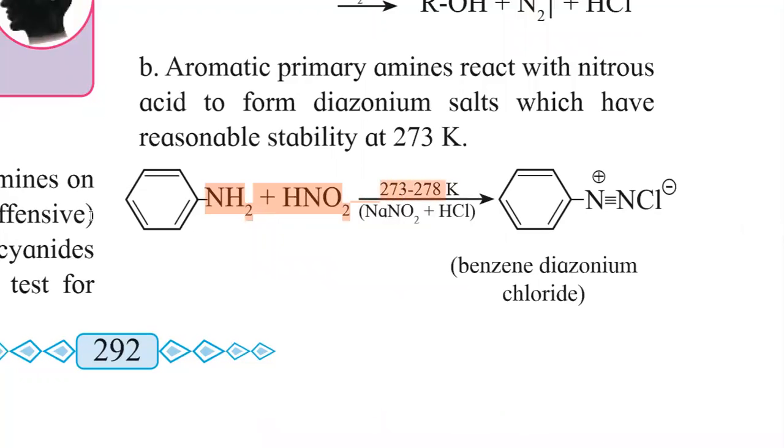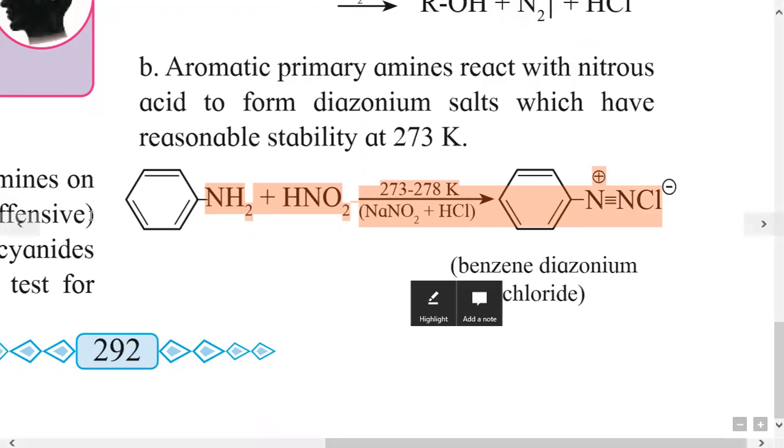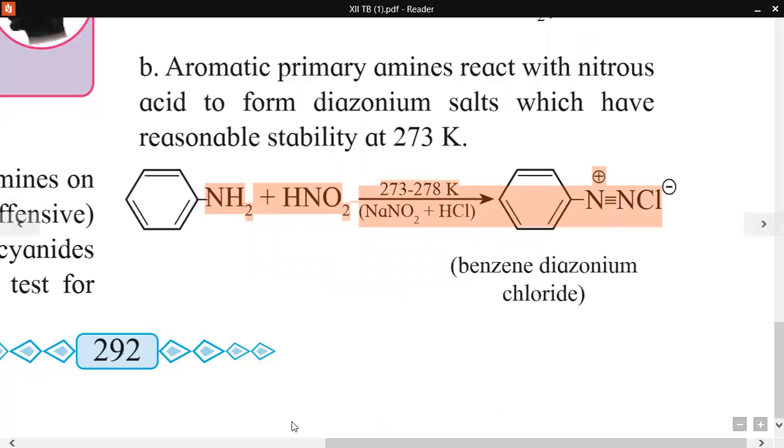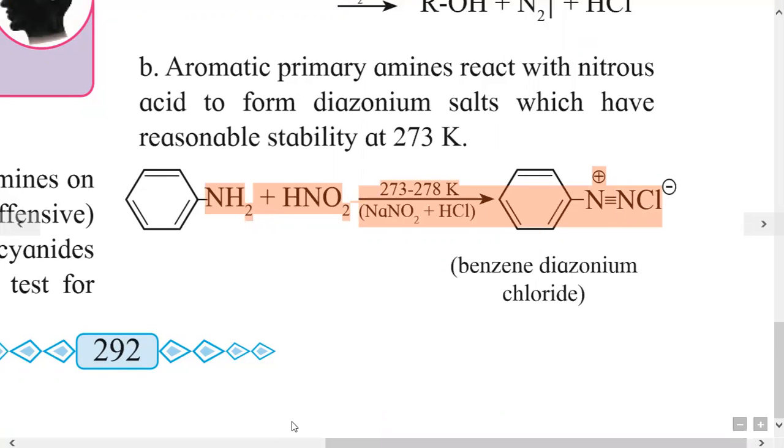Again nitrous acid is generated by using sodium nitrite and HCl. Here we get benzene diazonium chloride, that is a benzene ring bonded with N triple bond N and Cl. So that is the reaction of aniline, a primary aromatic amine, with nitrous acid.